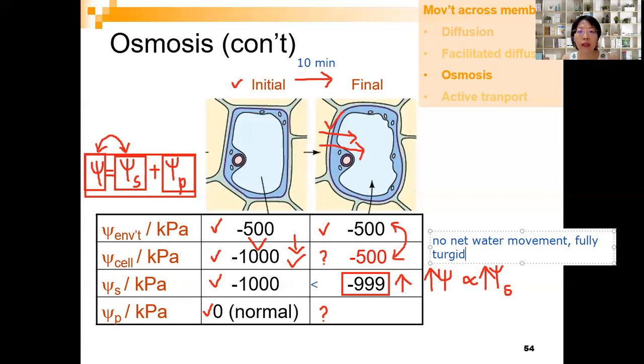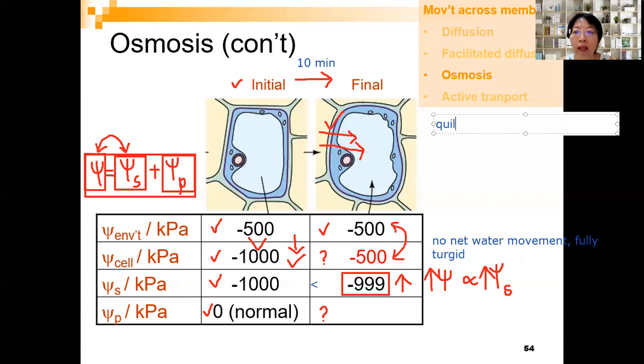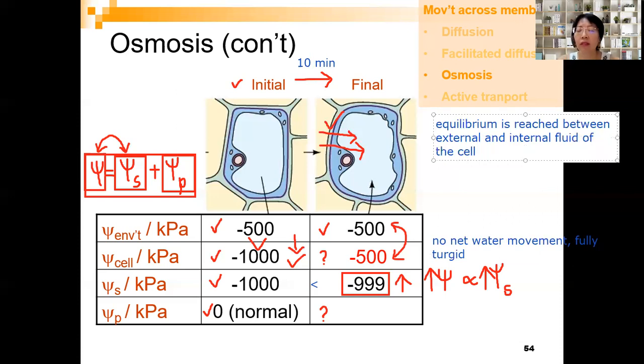So the moment the water cannot move, we can say that equilibrium is reached, isn't it? Equilibrium is reached between the external and internal fluid of the cell, right?